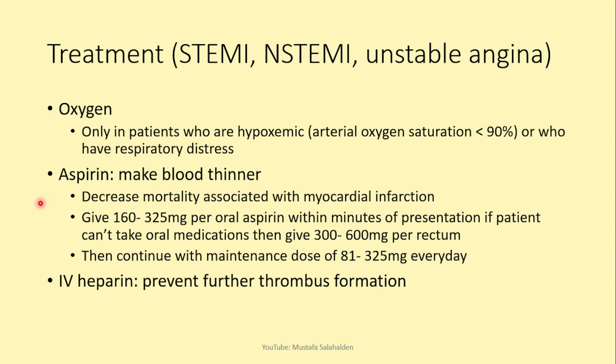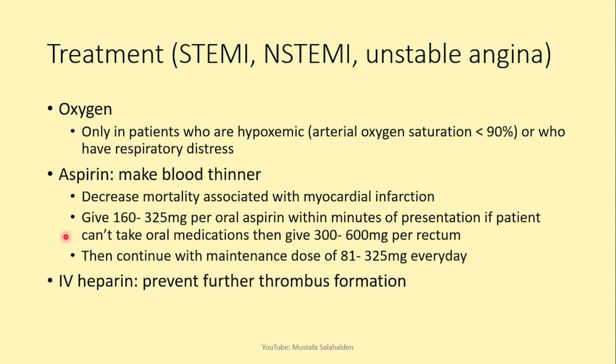Aspirin makes the blood thinner, so it makes the blood reach more into the heart muscle, so it decreases mortality associated with myocardial infarction. So you now have two drugs that decrease mortality: the beta blockers and the aspirin. Those are most important that you give to your patient.